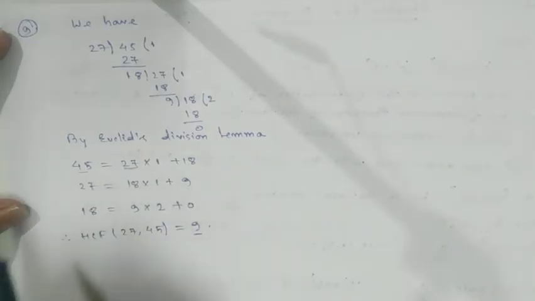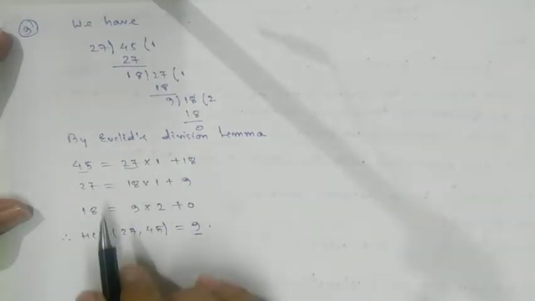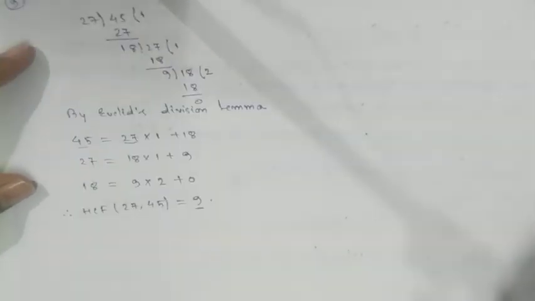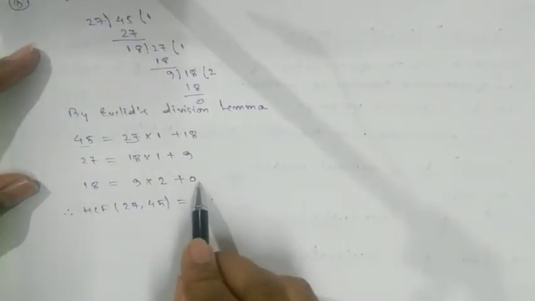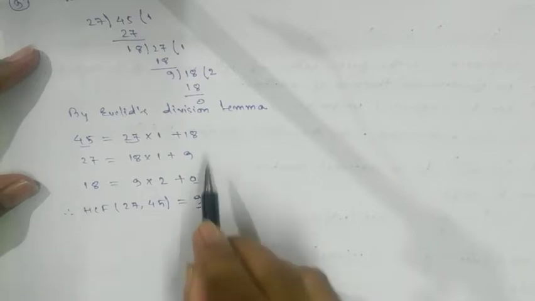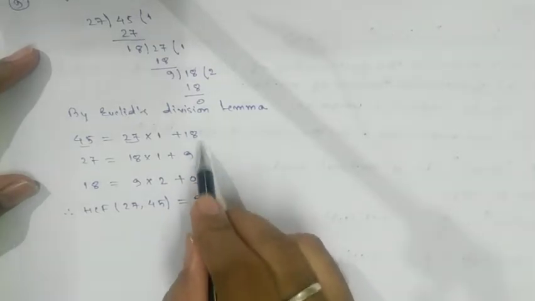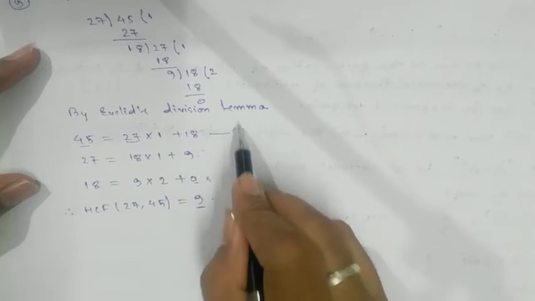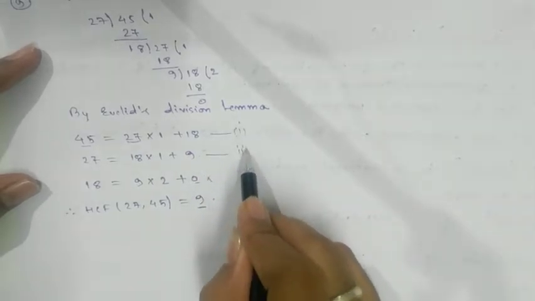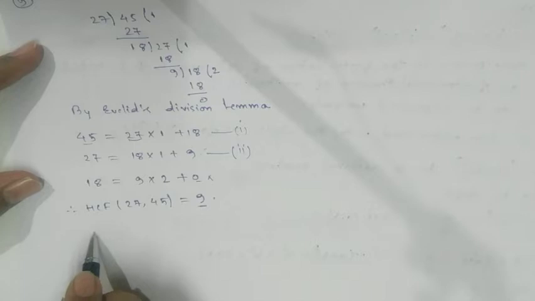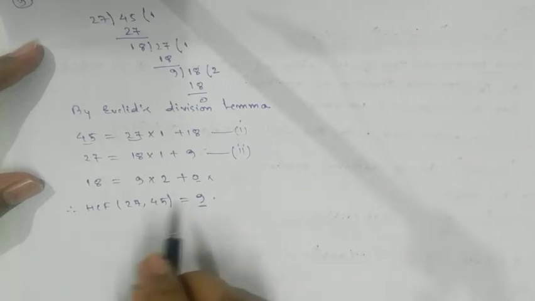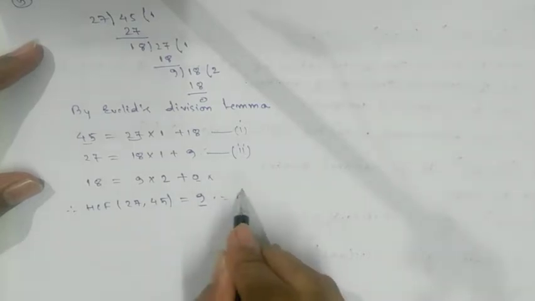Now to get your linear expression, your target is 27 and 45. Okay, so what we are going to do in this type of problem, skipping the last stage where the remainder is 0, we will not choose this part. We will take these two equations, say this one as first and this one as second. So D means 9, that means here you have D equals 9.